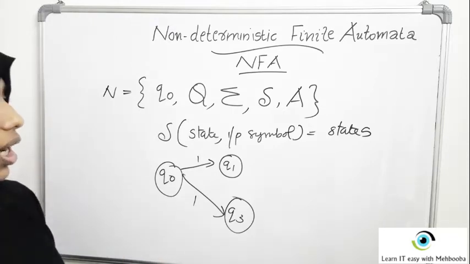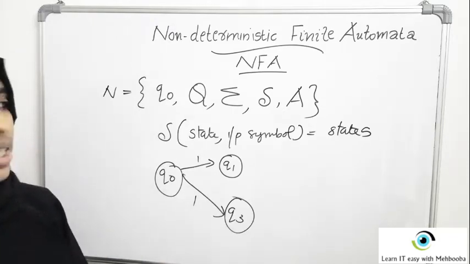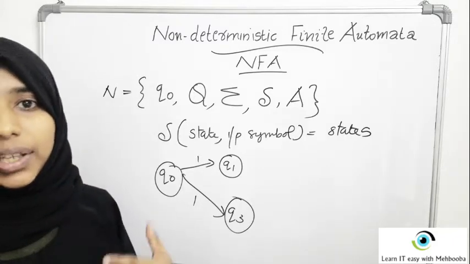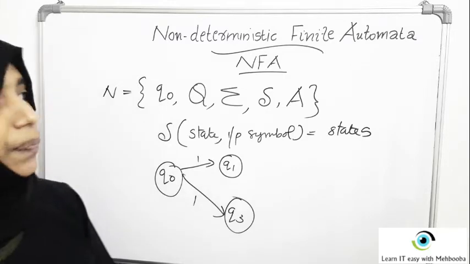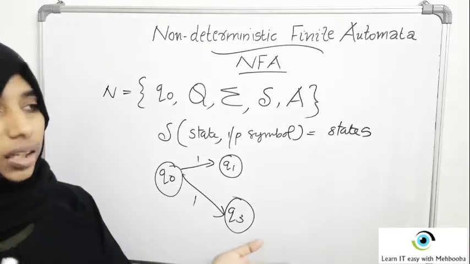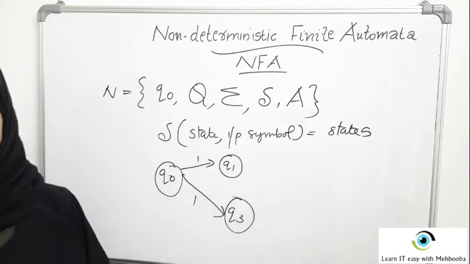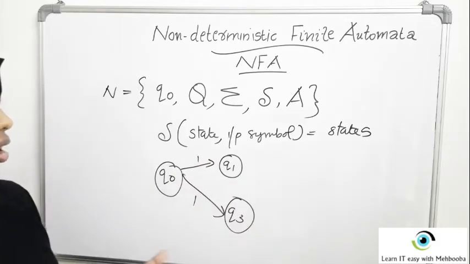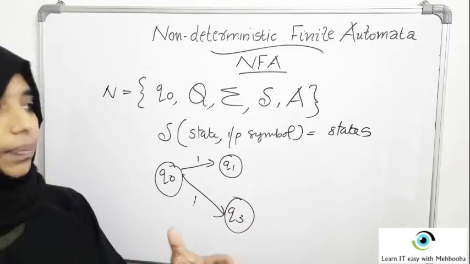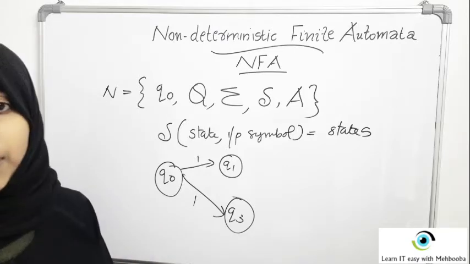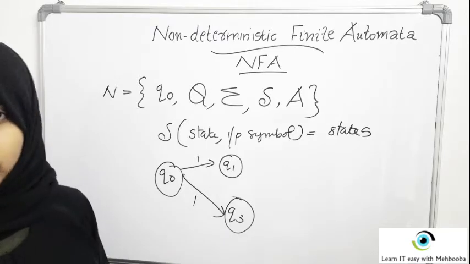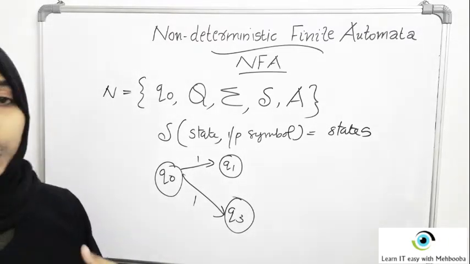I'll take the same designing example and show how you can draw a DFA and how you can draw an NFA, so you can understand the differences better. Both of them perform the same job, but in case of NFA the design is a bit easier. So we will move to the first example.